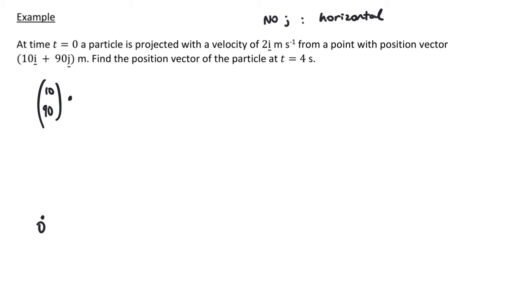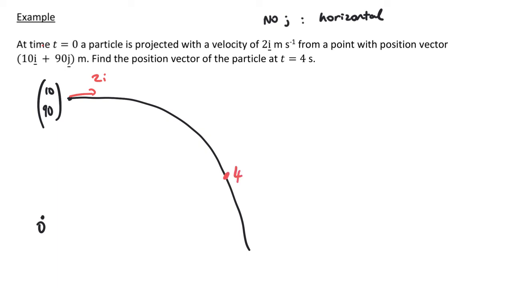So what we'll have is the motion of the particle is going to be this sort of shape, where the horizontal component is 2i.